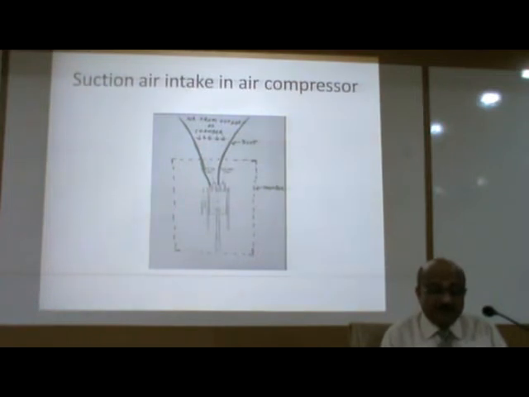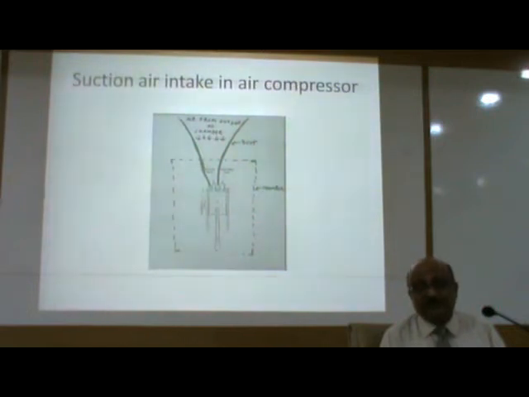So this is the compressor. When it is in operation, it dissipates heat, so the room gets heated. If there is no duct at the suction valve, then high temperature suction air will be drawn in, which will reduce its volumetric efficiency, because volumetric efficiency is the mass flow rate of the sucked air divided by the corresponding mass flow rate of swept volume.